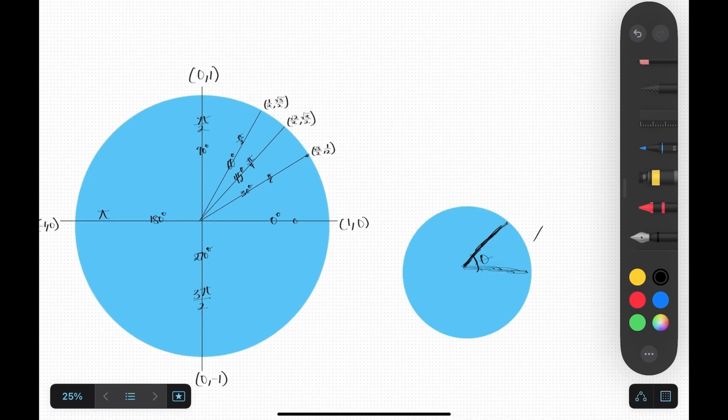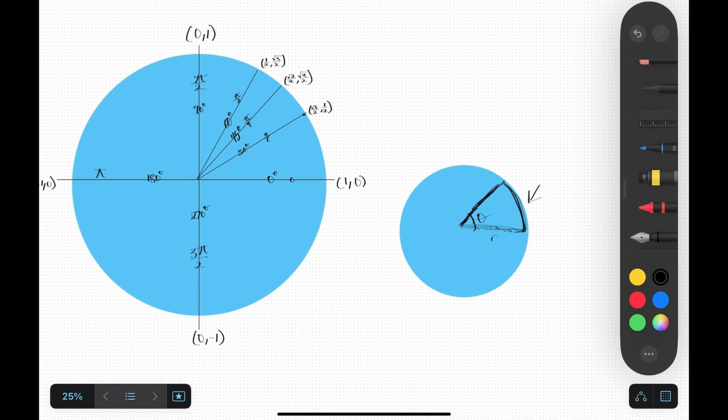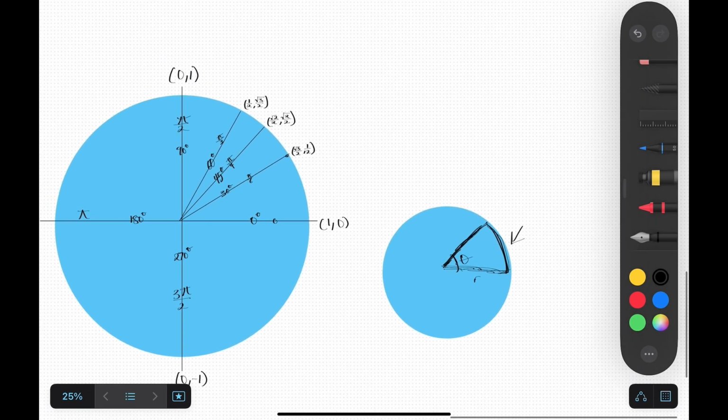If we imagine a circle with a sector with an angle and an arc length, the side lengths of the circle are the radius.